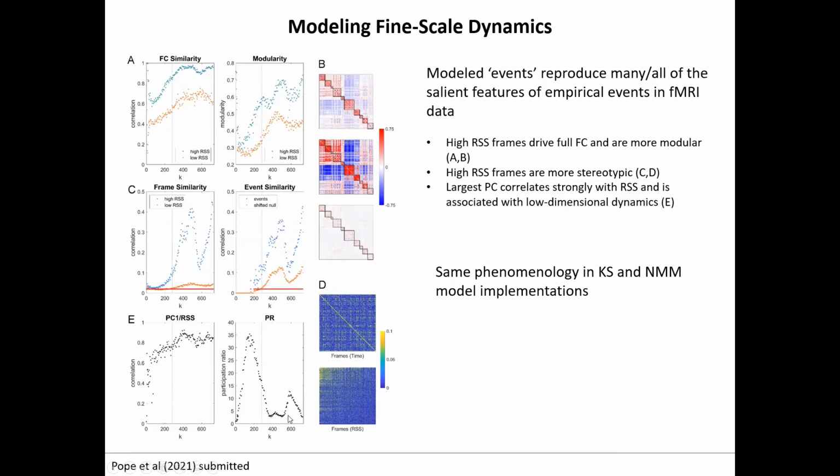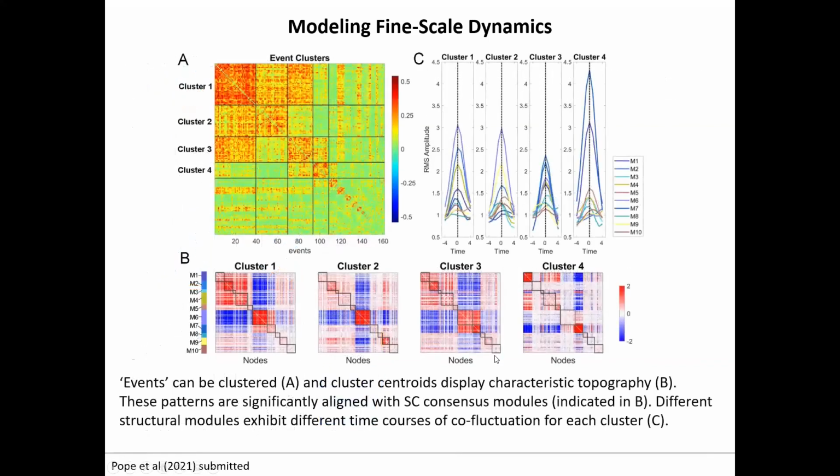And they go together with low dimensional dynamics. That is, there is a high amount of variance explained by the principal component that adheres to the event structure itself. The final point is that if we look at the structural connectivity matrix underneath that is driving our activity, events that we can cluster together and define cluster centroids that way align very strongly, very significantly with the underlying structural connectivity.